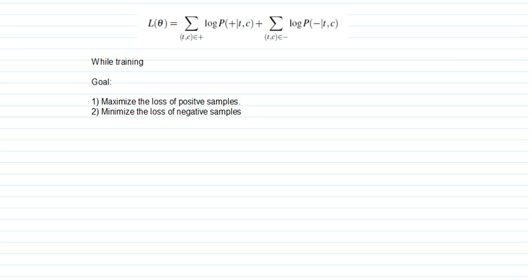In the general case, logistic regression has a loss function similar to this one, where we need to maximize the summation of log probabilities.